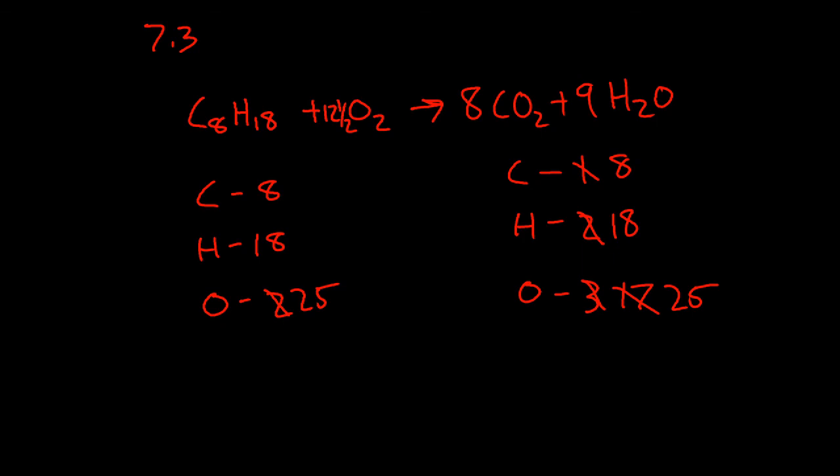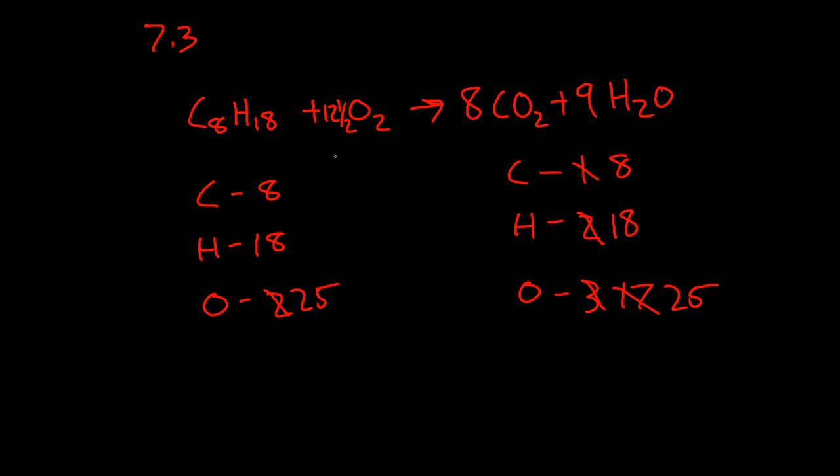However, what's not allowed? Hopefully you said fractions, or maybe thought fractions. Fractions are not allowed. So even though this is technically balanced, we can't have half of an O2.